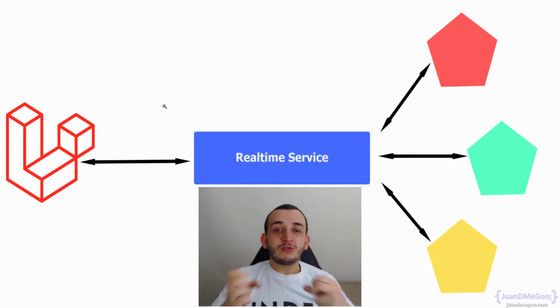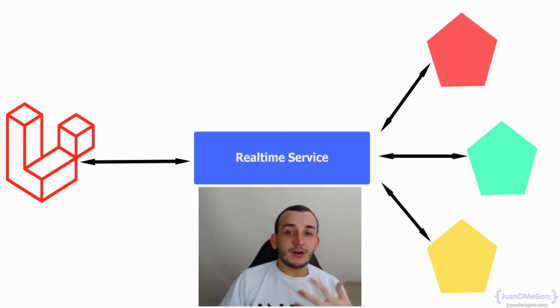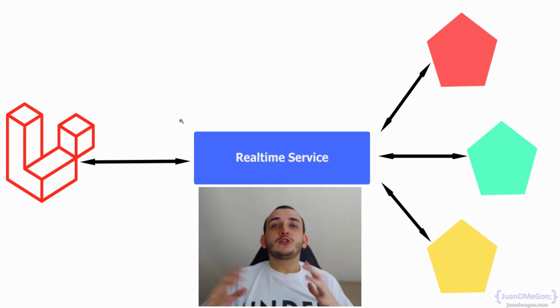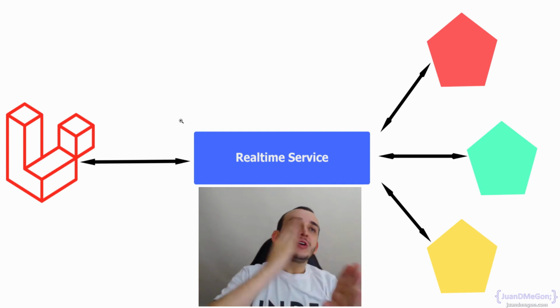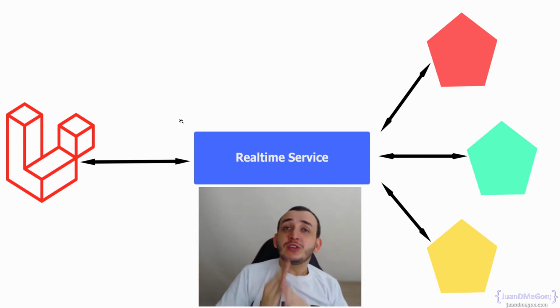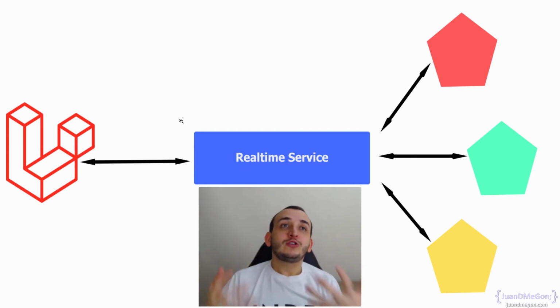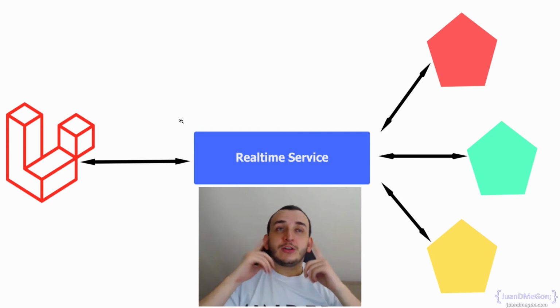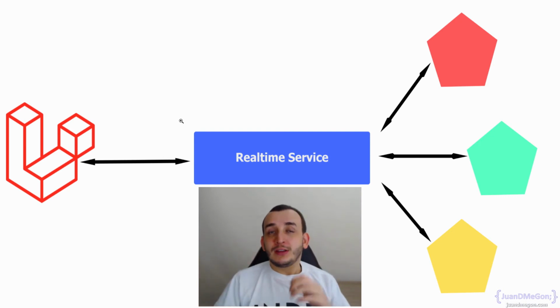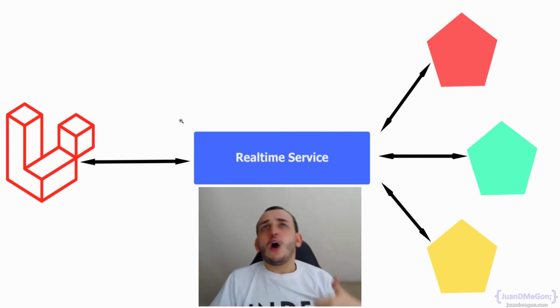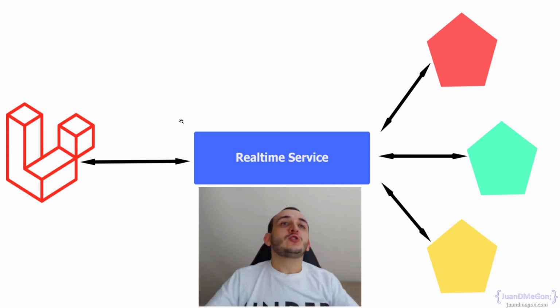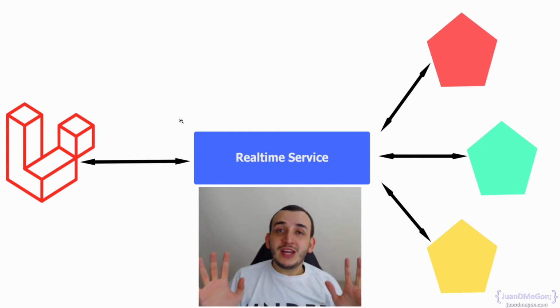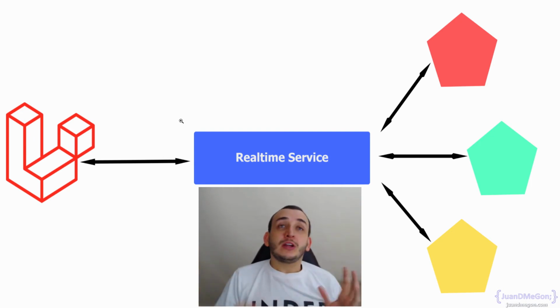And once that message is received by the real-time server, the real-time service is going to broadcast it to every single client that is connected to that WebSocket in that channel and listening to that event. That means an event like created or updated, message sent, whatever. Anyone listening to that is going to receive that status, that message, that user, depending on what you need, and is going to act depending on that.